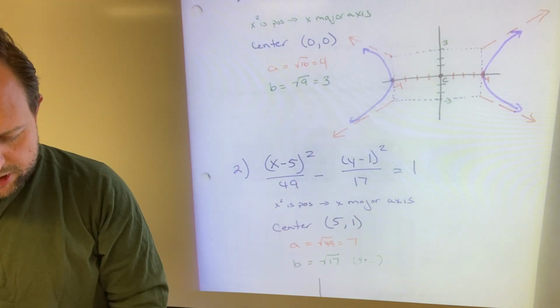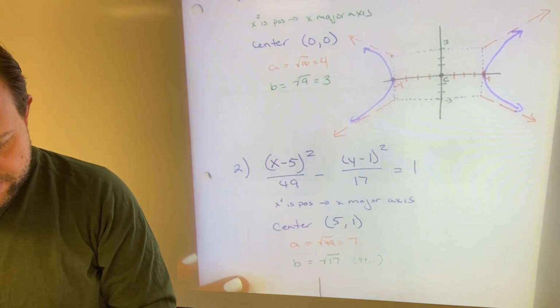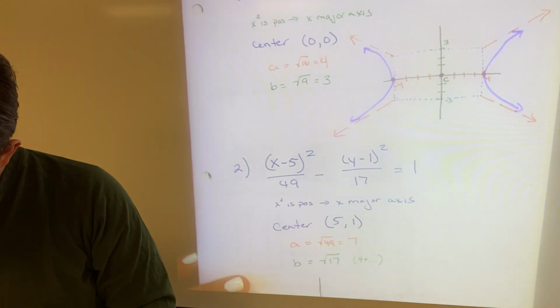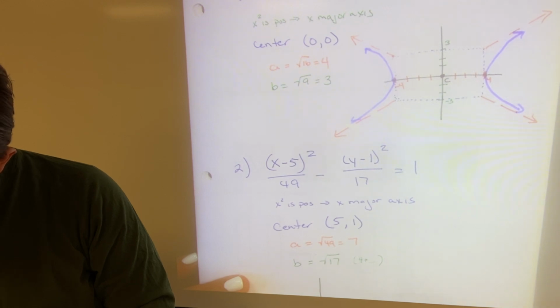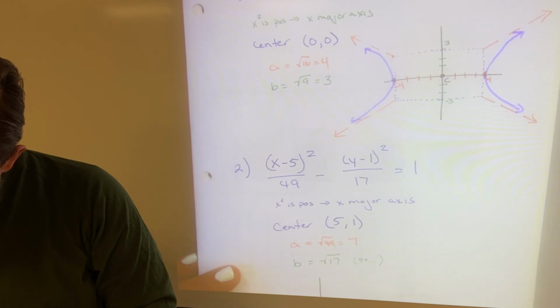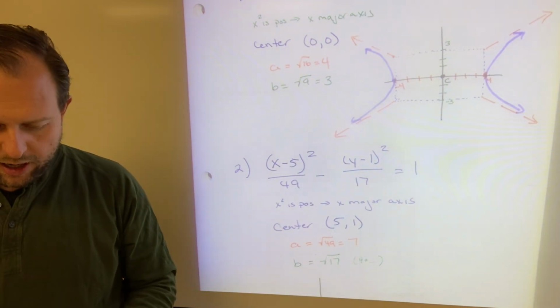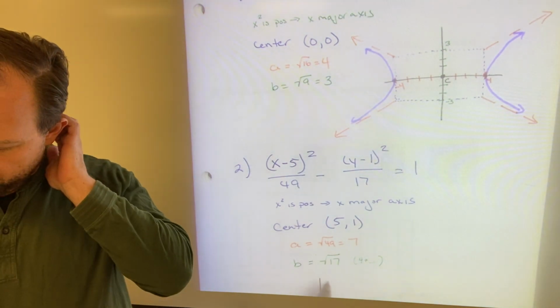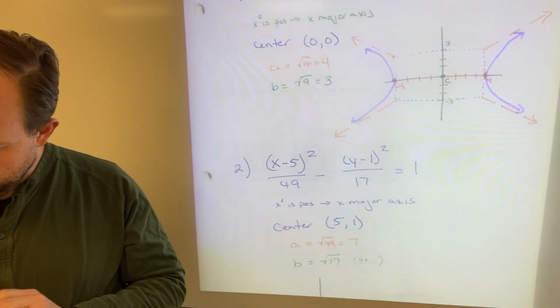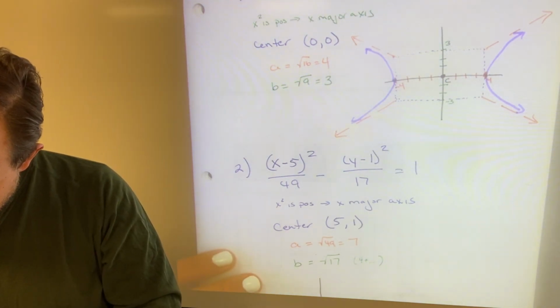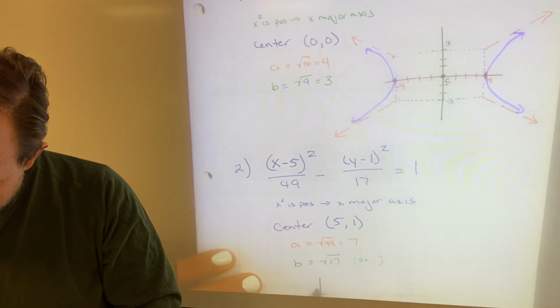Our A is going out 7 from there. 1, 2, 3, 4, 5, 6, 7. And this was 5, so going left, 6, 7 puts us at -2. And then our B's are just about 4, a little over. So 1, 2, 3, 4, 5, and just a little bit.